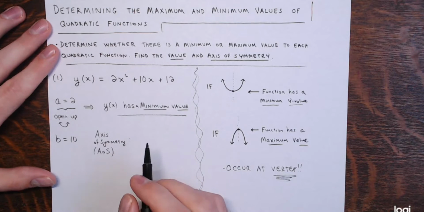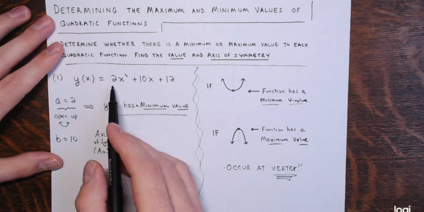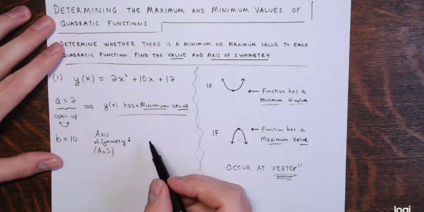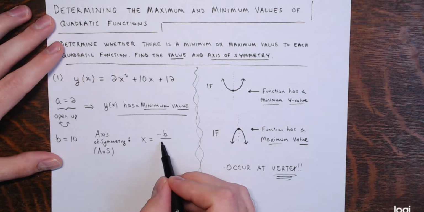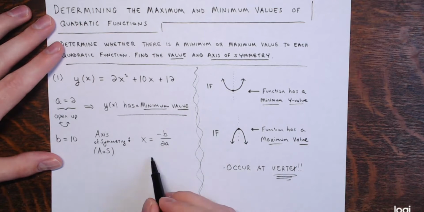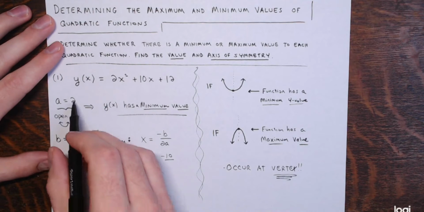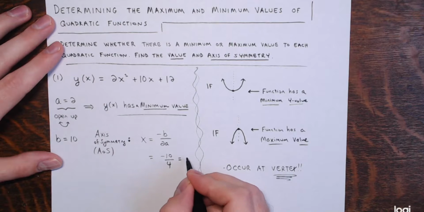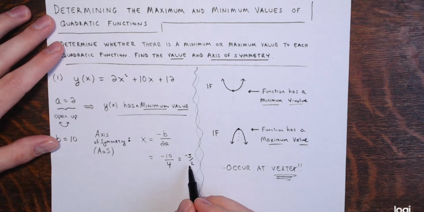If you recall from previous videos, the axis of symmetry, when you're given a quadratic function in the general form, is simply x equals the opposite of b divided by 2a. So here that would be the opposite of b, negative 10, divided by 2 times a, which is 4. That's negative 5 halves when you reduce it, and this is the x-coordinate of the vertex.